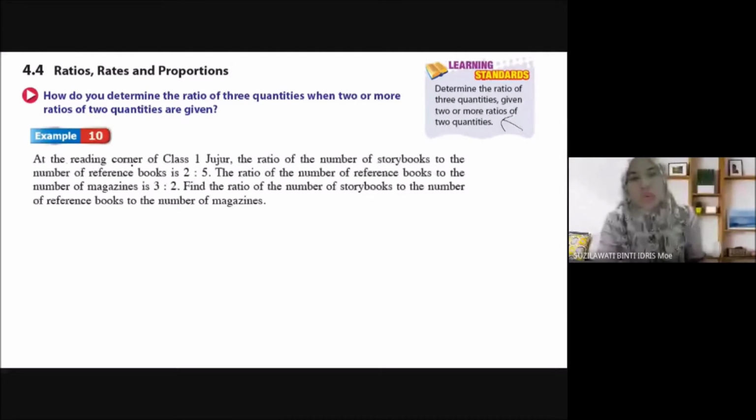At the reading corner of class 1 Jujur, the ratio of the number of storybooks to the number of reference books is 2 to 5. So the solution: when we read, we find that the ratio of the number of storybooks to the number of reference books is 2 to 5.